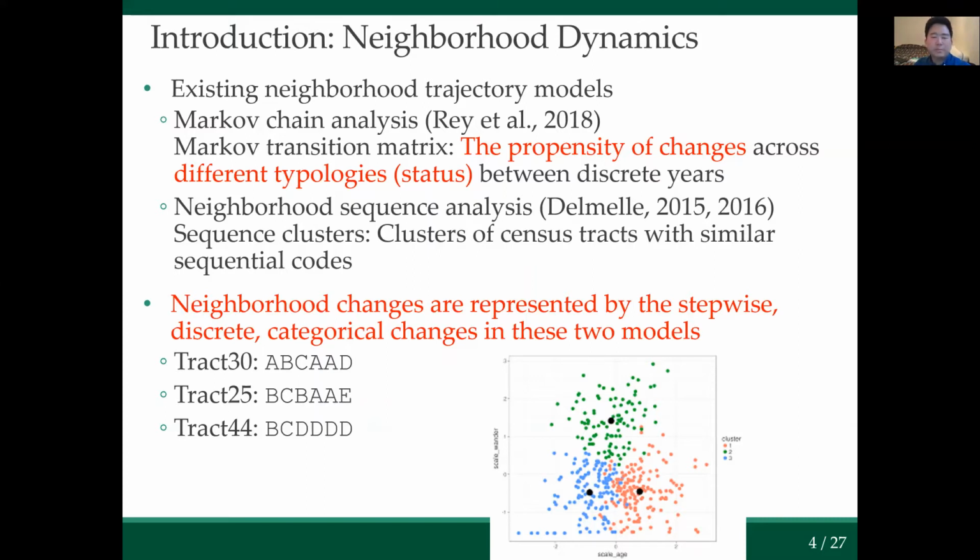It has a sequence whose status switches from A to B, B to C, and then A, D. Like this, a sequence is assigned to each tract, and the sequential pattern is analyzed in Markov chain and neighborhood sequence analysis. In other words, neighborhood change is represented by discrete and stepwise changes.